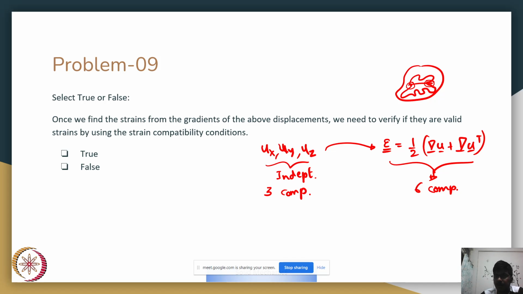That becomes a concern if we are using six functions for all of these components, and then we have to ensure that they actually map back to three independent displacement components. But if we are going from displacement to strain, we don't need to check if the strains are valid.